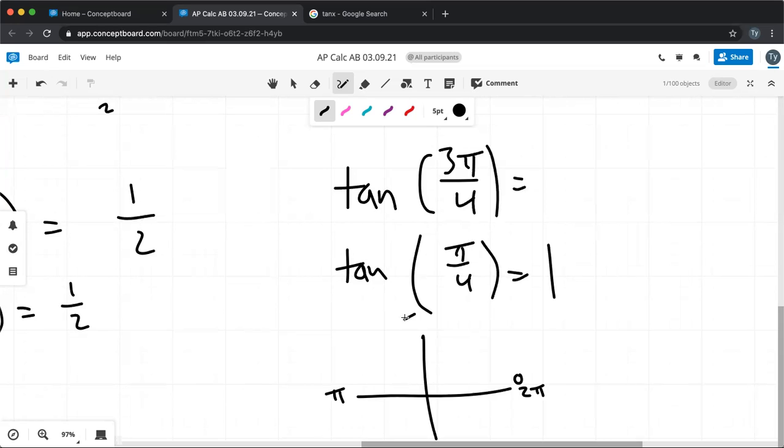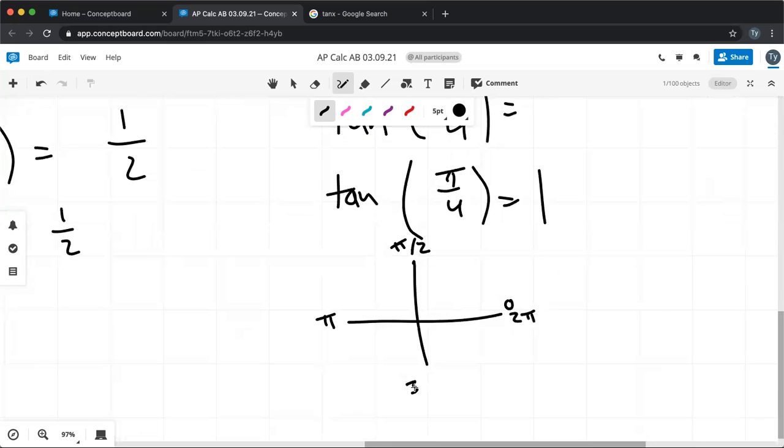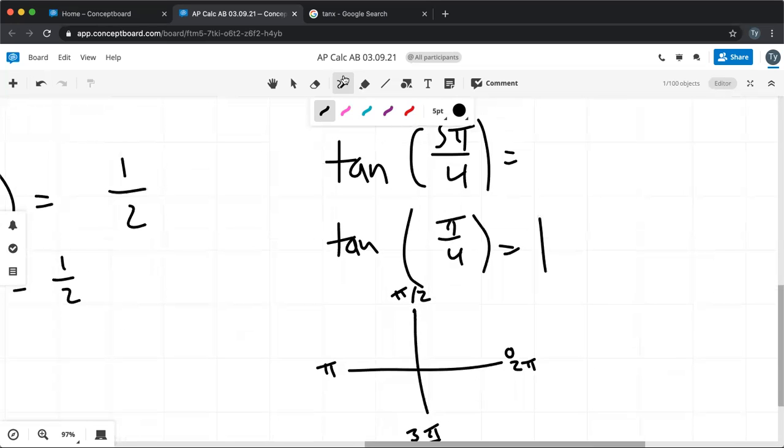A quarter way around, we cut pi in half. That's pi over 2. And this would be 3 pi over 2. 3 pi over 4, the angle we care about, is a little bit less than 4 pi over 4, which is pi. So it puts us in quadrant 2.